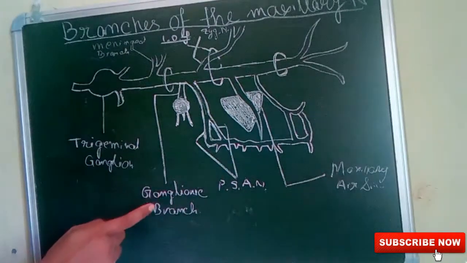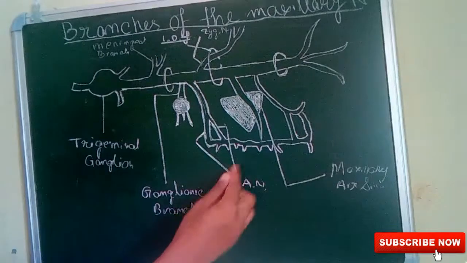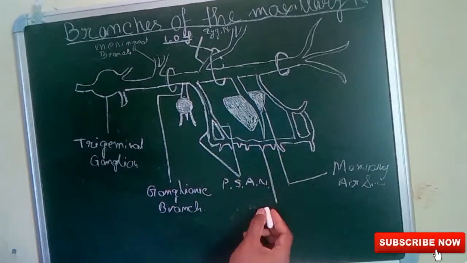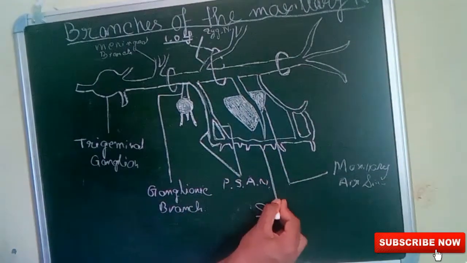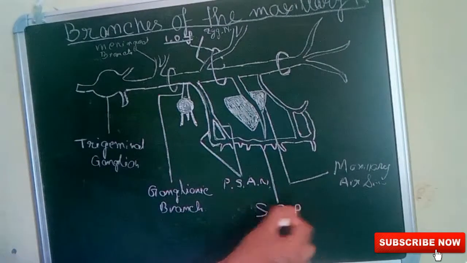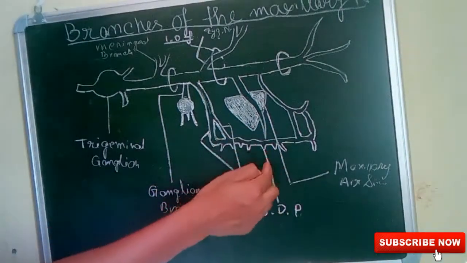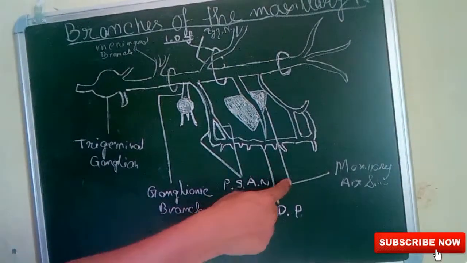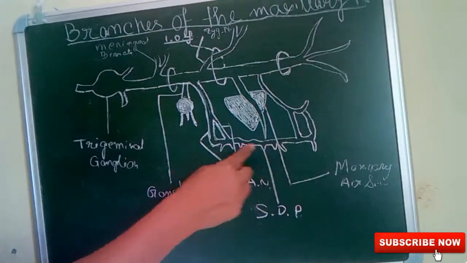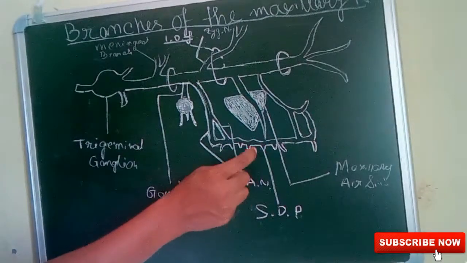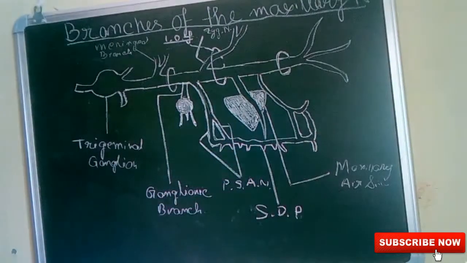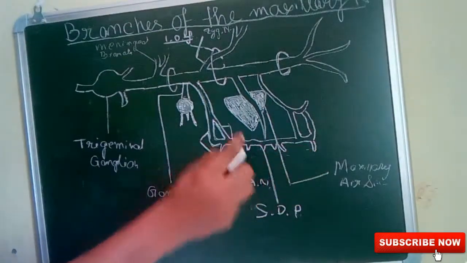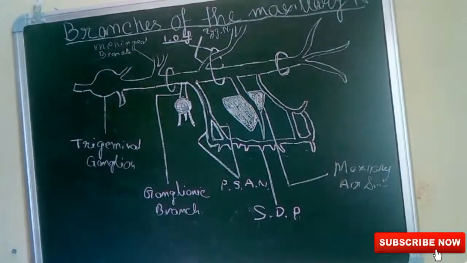This is the superior dental plexus, which supplies the molar teeth and the adjoining part of the gum.